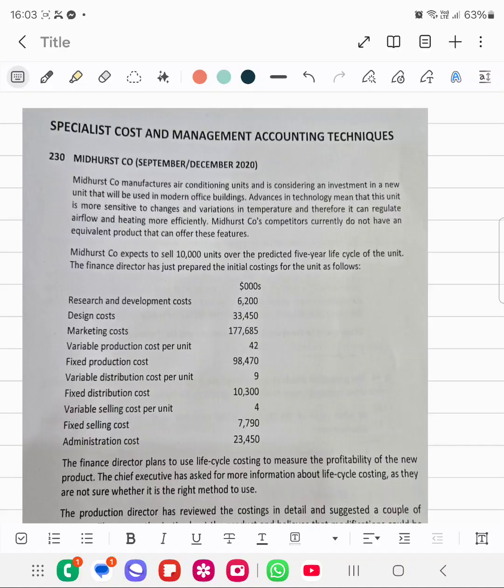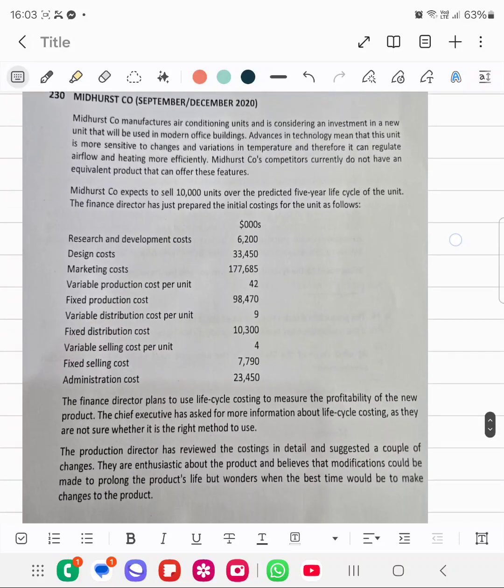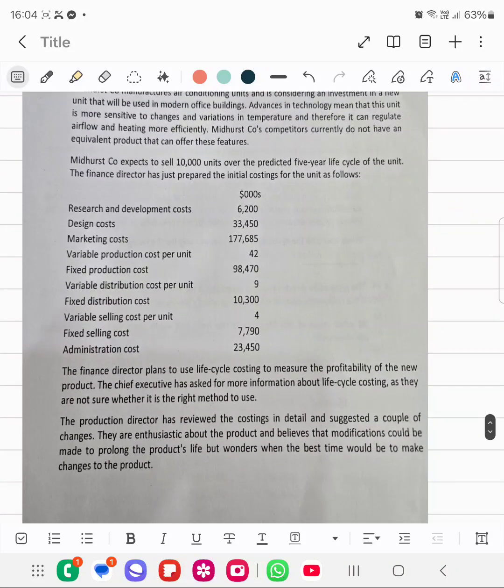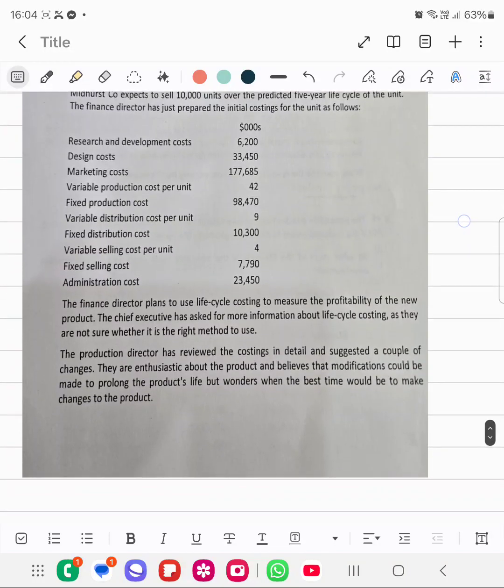Midhurst company's competitors currently do not have an equivalent product that can offer these features. Midhurst company expects to sell 10,000 units over the predicted 5 year life cycle of the unit. The finance director has just prepared the initial costing for the unit as follows.